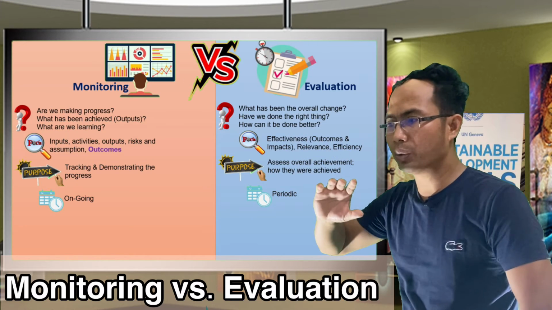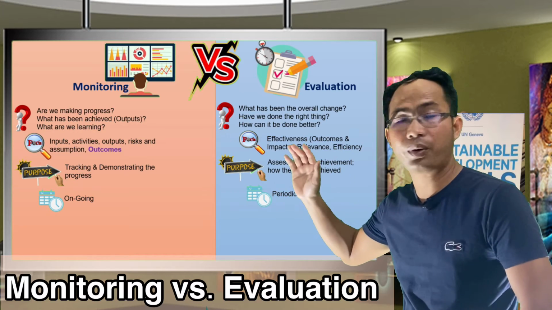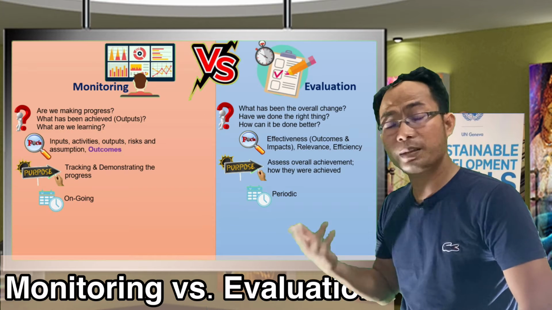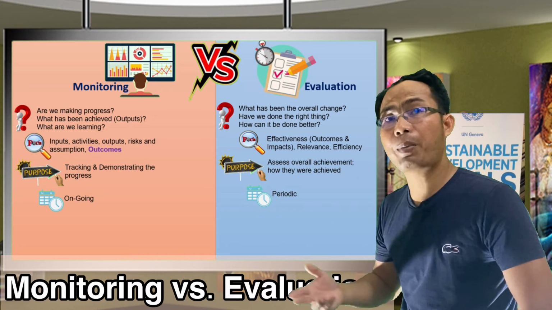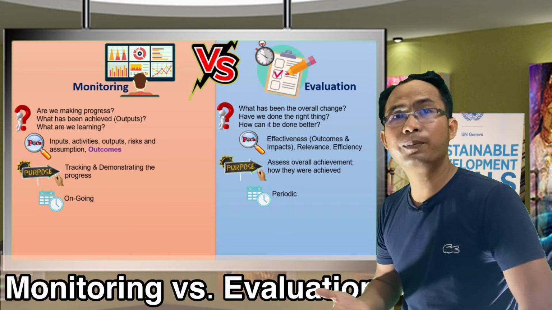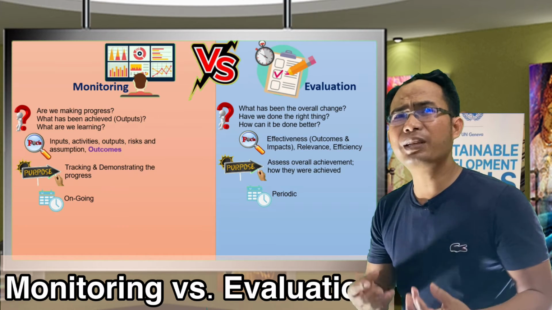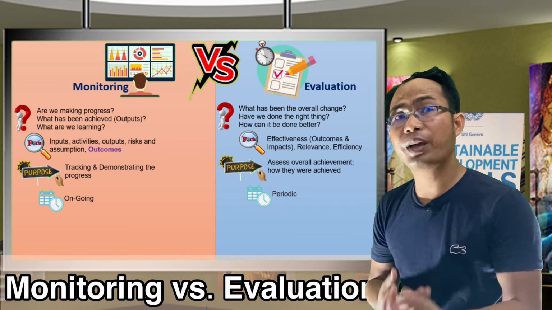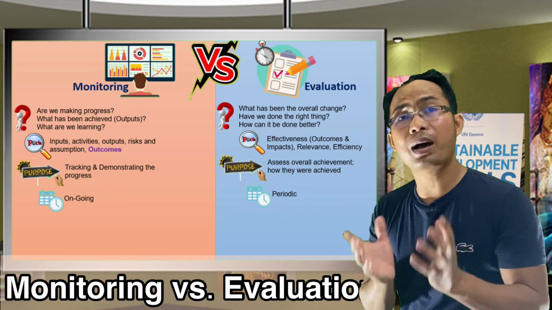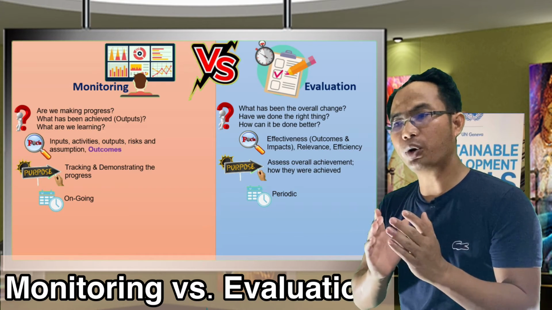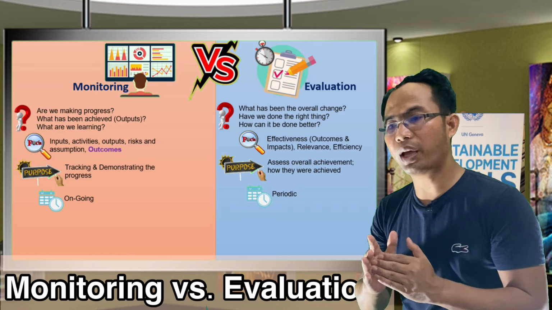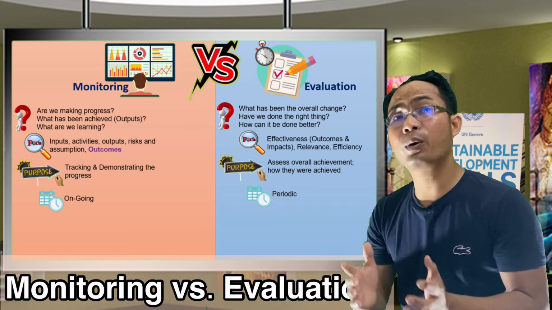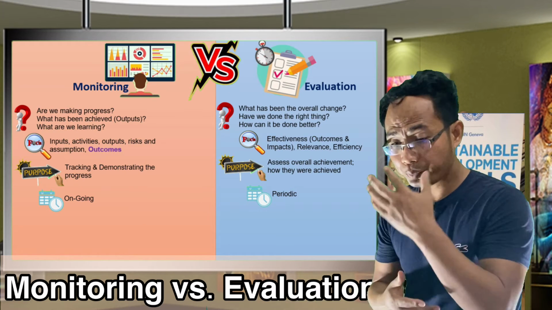Sometimes we might do it only during a particular training, where we have an assessment, probably pre and post test, which is also part of project evaluation. I call this project evaluation because it is part of an activity evaluation, not the overall project evaluation, since you would like to see the changes in participants' knowledge through the pre and post test training evaluation, right?